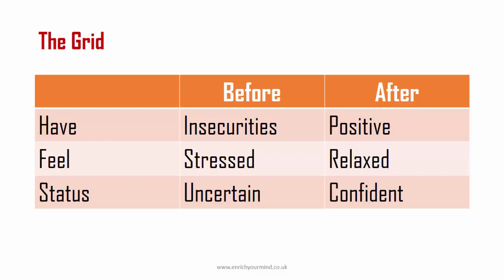Whatever book you're writing, there's always a before and an after. Before someone takes your book, if they have insecurities, depending on what genre you're writing in, after reading it they should feel more positive. You should have that transition. If they feel stressed before reading your book, they should feel relaxed after. If they feel uncertain, they should feel confident.